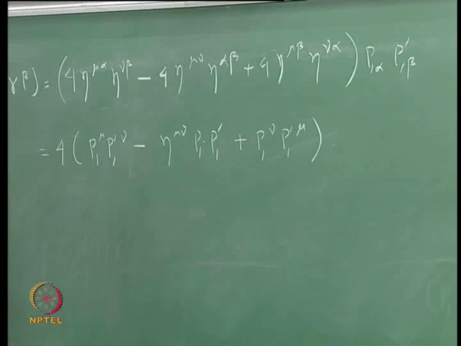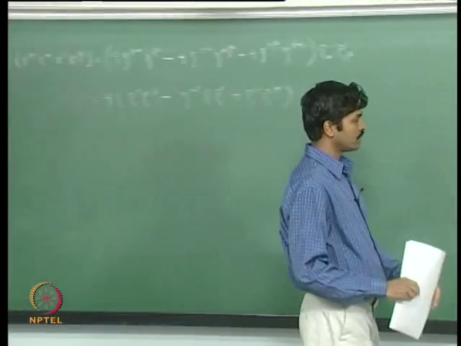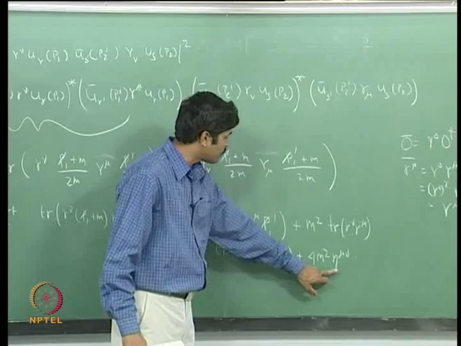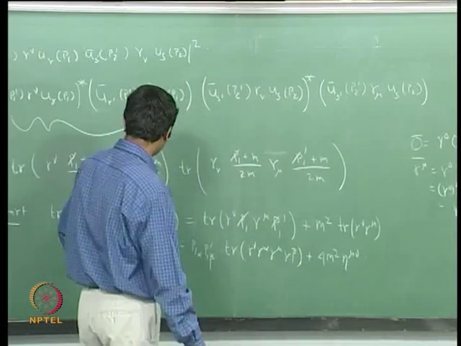Okay. So, this is what I get for this term here. Now, I have to add 4 m square eta mu nu here to get the first part.